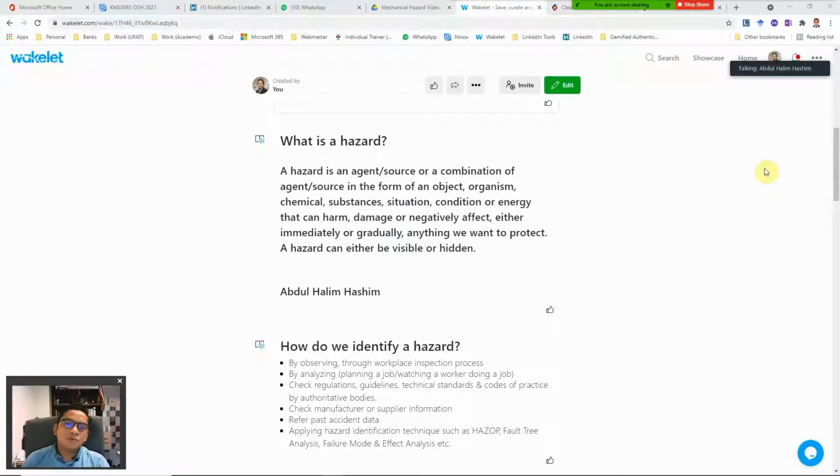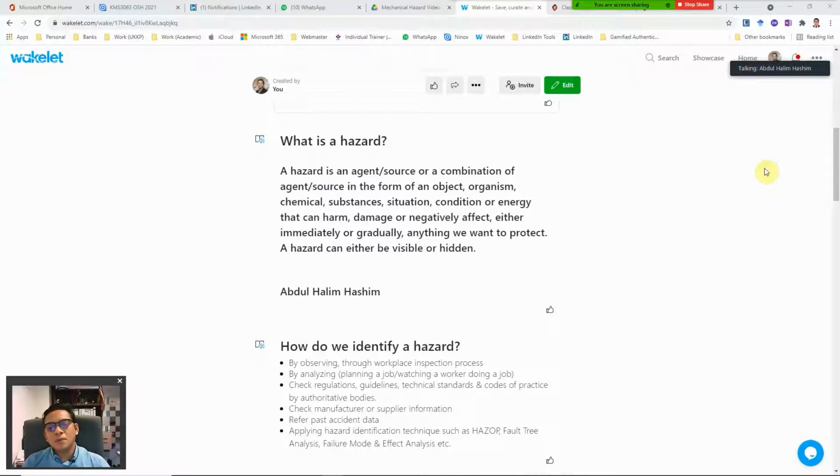So if you use the popular definition, something that can cause harm, it's rather vague. Something, what is something? There's a lot of things that can be considered as something. So it is up to the people who are looking at the hazard to define what it is, something, and then can cause harm. Harm is also a very general word.